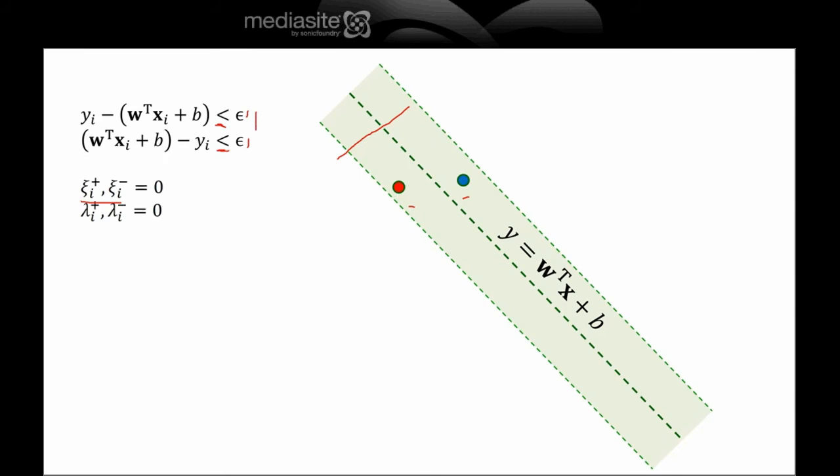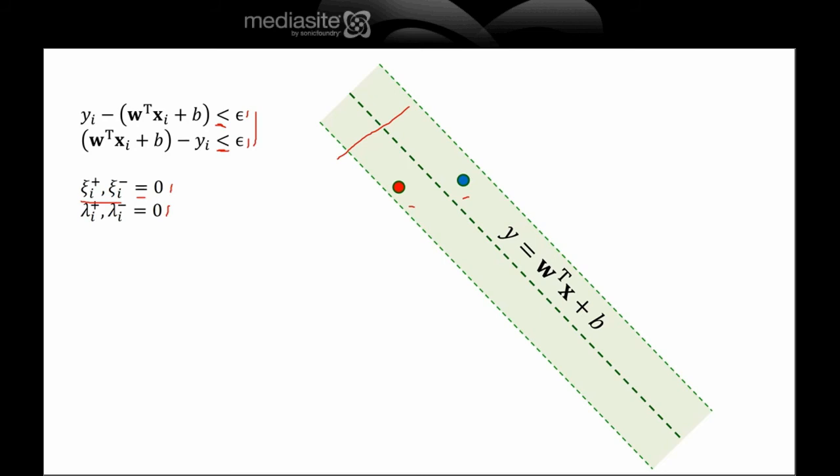Since both the constraints are inactive, lambda I plus and lambda I minus, the corresponding Lagrange multipliers, have to be 0 from the complementary slackness conditions. Now, these are active constraints because I have an equal sign here. Zeta I plus and zeta I minus have to be greater than or equal to 0.